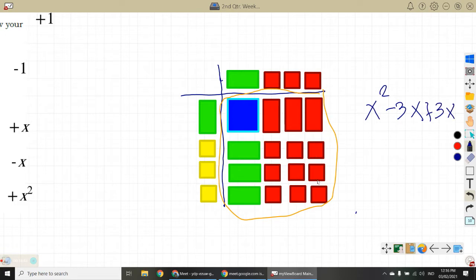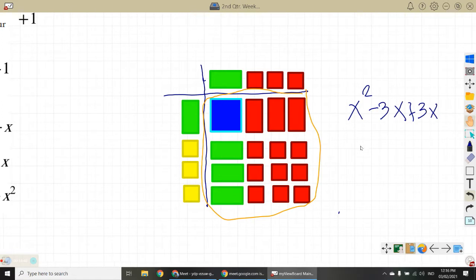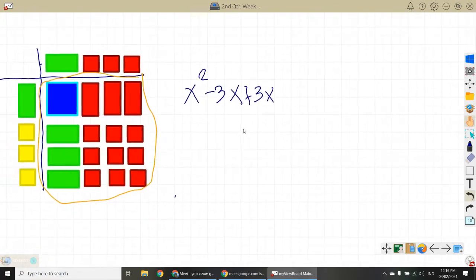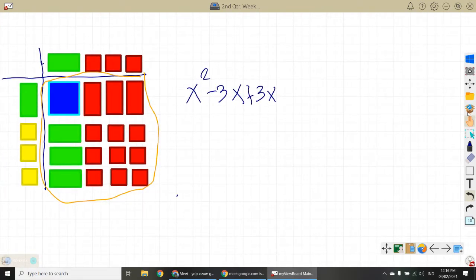And the last one is the red tiles, that is 9, negative 9. So, we have negative 9. Okay? So, you understand.